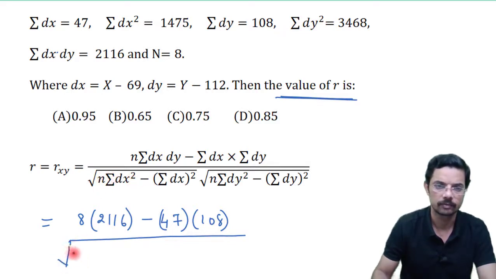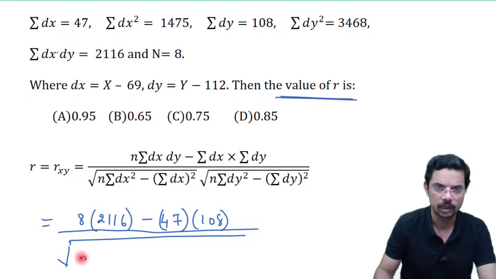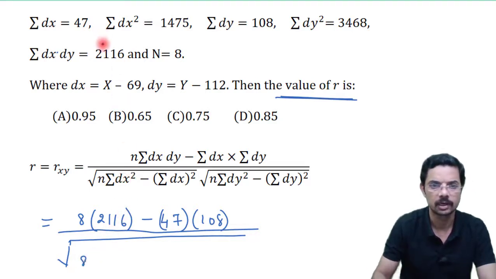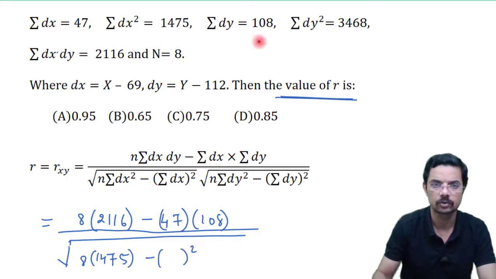When we put the values, n is equal to 8 into sigma dx square, which is 1475, minus sigma dx whole square. What is sigma dx? 47. That is 47 whole square.